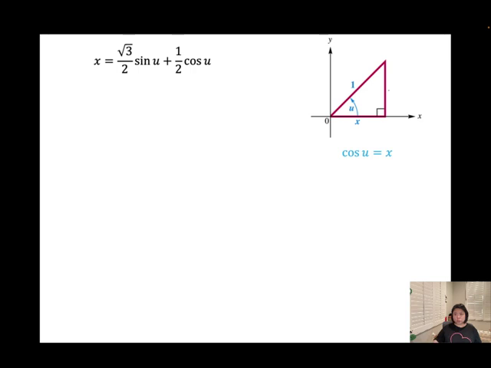Cosine u equals adjacent over hypotenuse, which is x over 1. And we are looking for the y here, so use the Pythagorean theorem. Plug it in. You're going to get y equal to square root of 1 minus x squared.